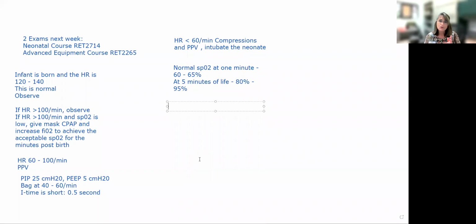So it begins to mature by the end of that stage. The canalicular stage is 17 to 26 weeks. By the 26th week, the distance between the alveolus and the capillary is getting smaller, so it's easier for oxygen to get from the alveolus into the capillary.